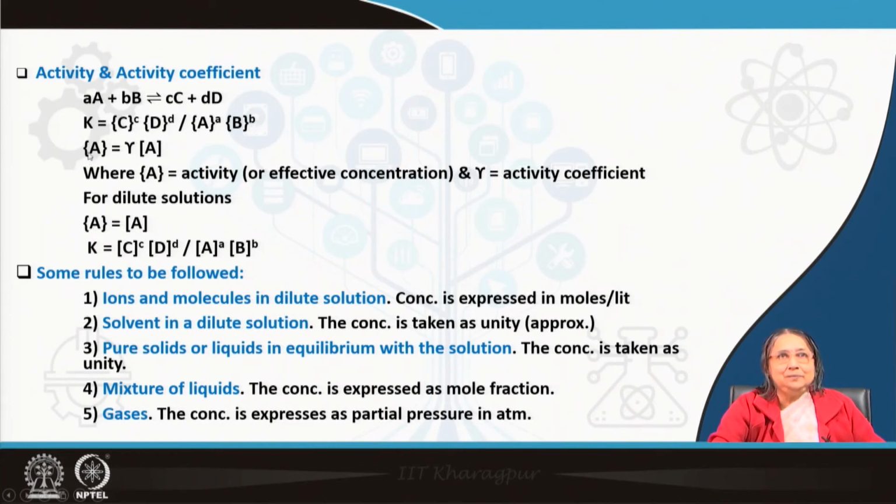We all know that activity is nothing but the activity coefficient times the concentration. For dilute solutions, we can take the activity to be the same as the concentration, so we can straightforwardly use this expression. But it is very important to know this in the case of concentrated solutions, where we must consider the activity and the activity coefficient.